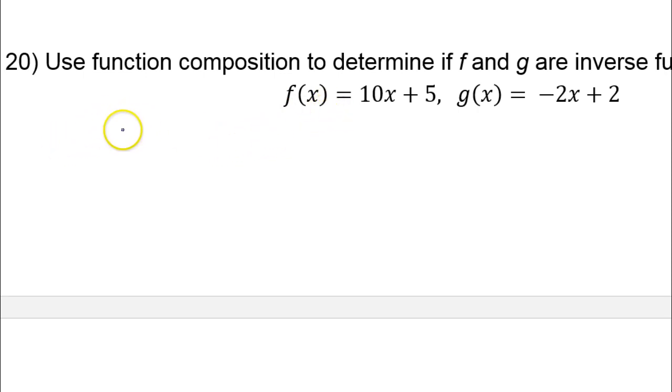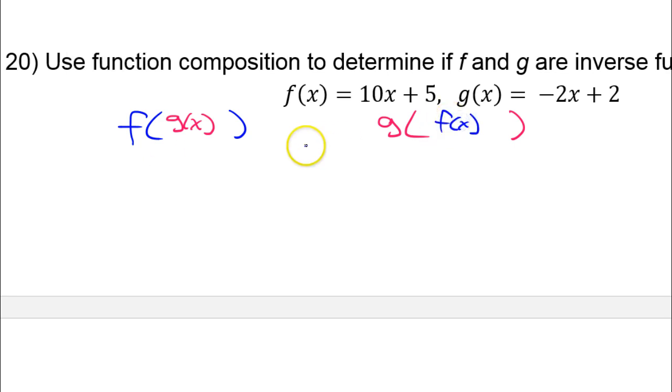So on the one hand, I'm going to take function f, and then I'm going to substitute function g inside of it. And on the other side, I'm going to take function g and put function f inside of it. All right, and in each case, if they're inverses, everything should cancel out and I should just get x.